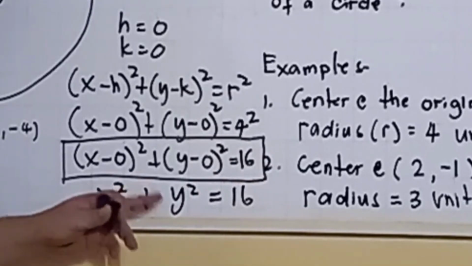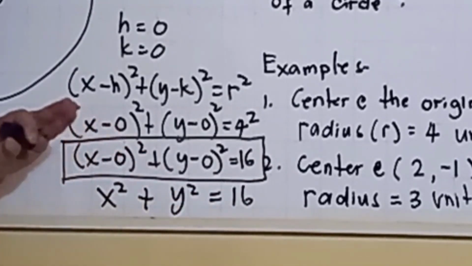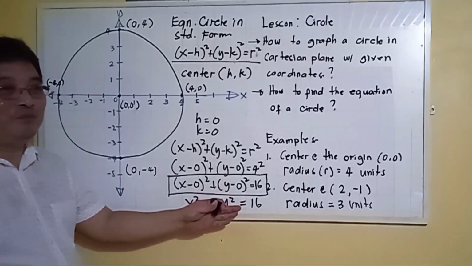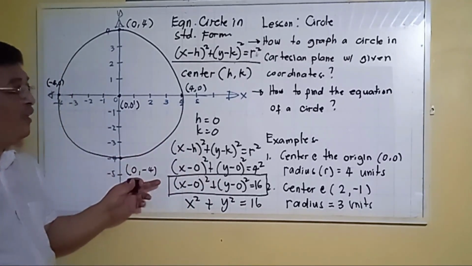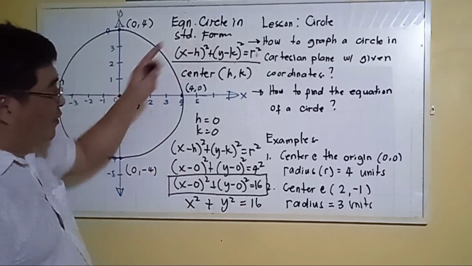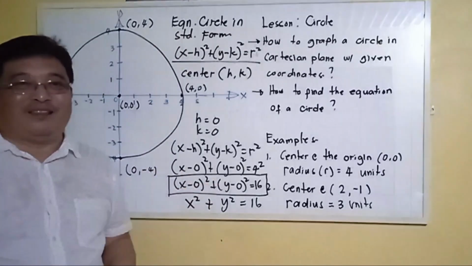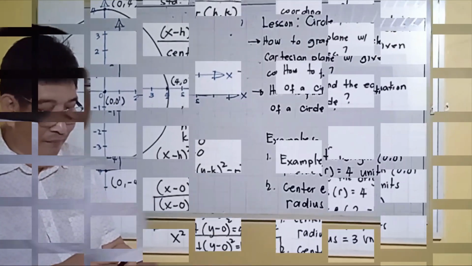So, yung x square plus y square is equals to 16. Ito naman yung equation of the circle in general form. So, always remember, kung hahanapin nyo yung equation of the circle in standard form, lagi nyo makikita yung h, k or yung center. So, let's move to the second example.